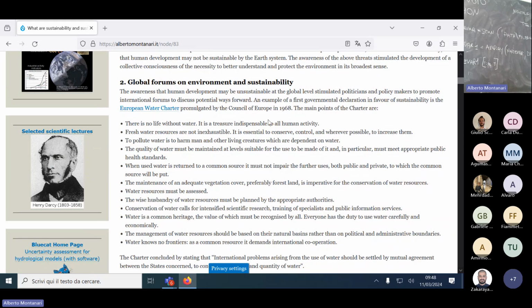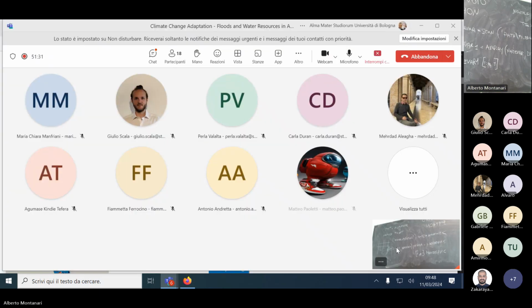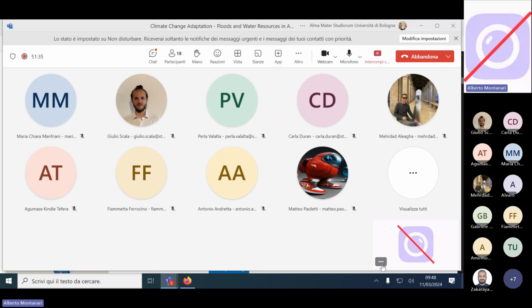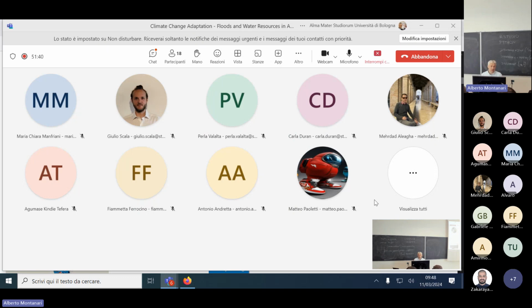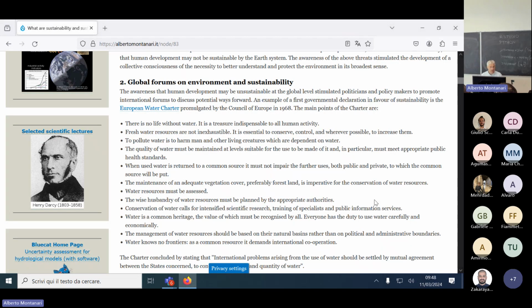Let me just change the camera, because I think that you are aware of the many forums that have been activated at the international level over climate sustainability, like the Rio conference of the United Nations, that is held every 10 years, the Kyoto Protocol, the Paris conference of 2015, the COP conference on climate change.